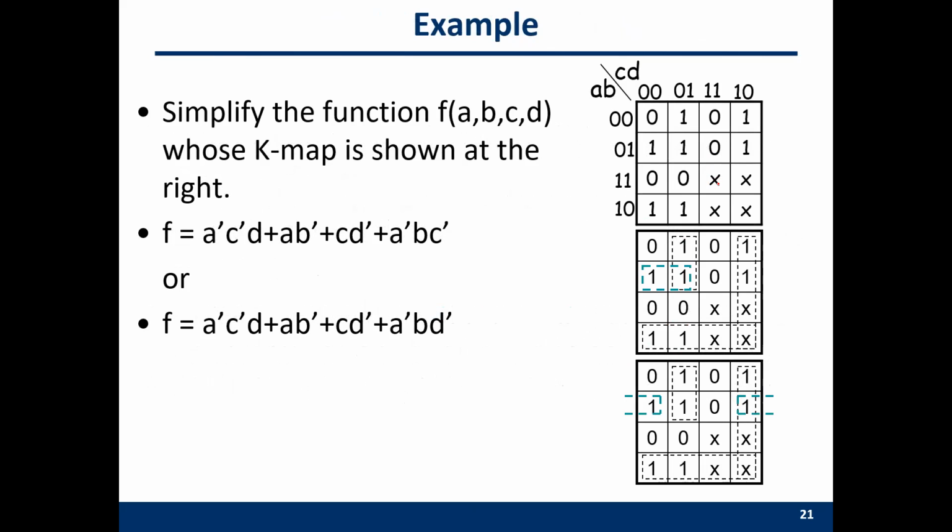When we draw the K-map with the don't care symbol, we can treat them like 1s or 0s. Again, following the principle, if we treat them like 1, then we can have a larger group. A larger group indicates a more simplified equation. So in this case, we just treated these three as 1, but this one as 0.